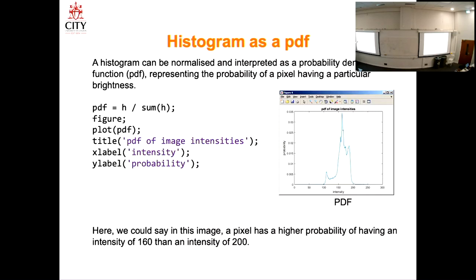Because this is a figure, you show it, then plot, and then put title, X label, Y label. There are a lot of different ways to show images and plots, and you can just go to MATLAB help. The good thing about MATLAB is that it is run by one company, so they have a very organized way of support and help, and everything is online.